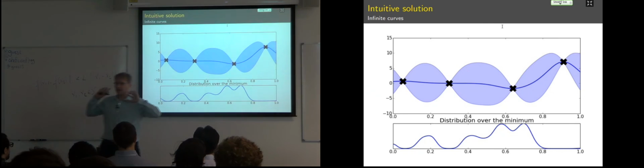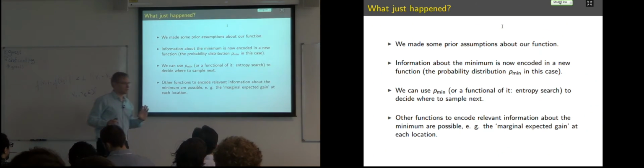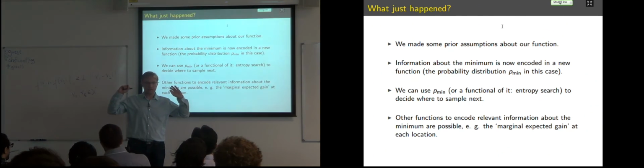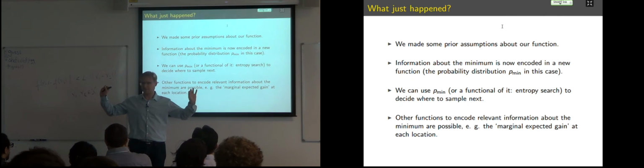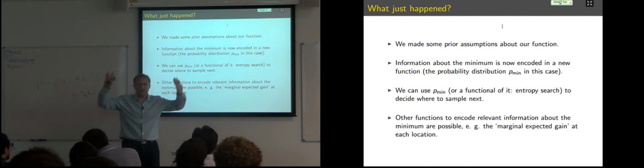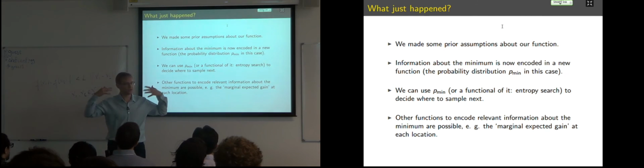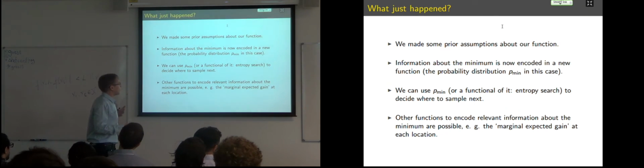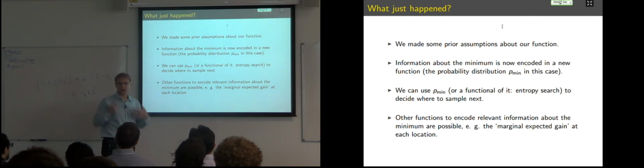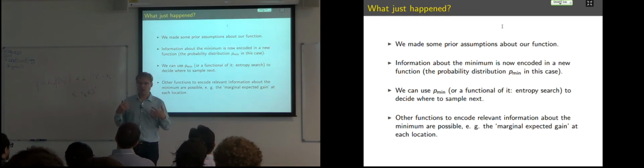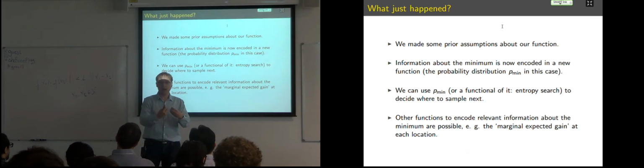So if you think about what just happened here: given just some points about the function, we made some prior assumption about how we think the function looks like, and we have built a surrogate function that represents our current beliefs about a property of the function, in this case about the minimum of it.